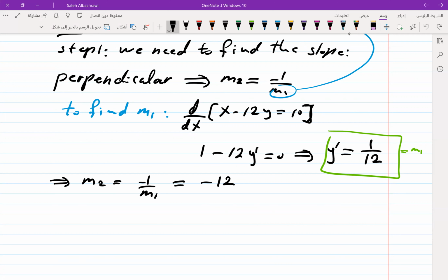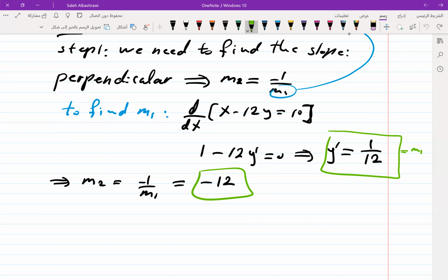It's just upside down. m2 will be the negative of the reciprocal of m1: turn it upside down and change the sign. That will be m2. Now we found m2.